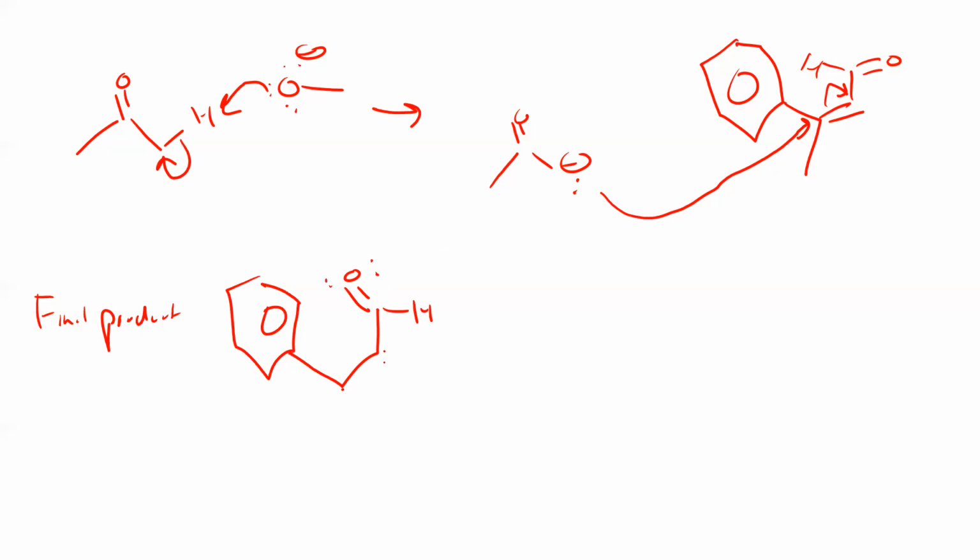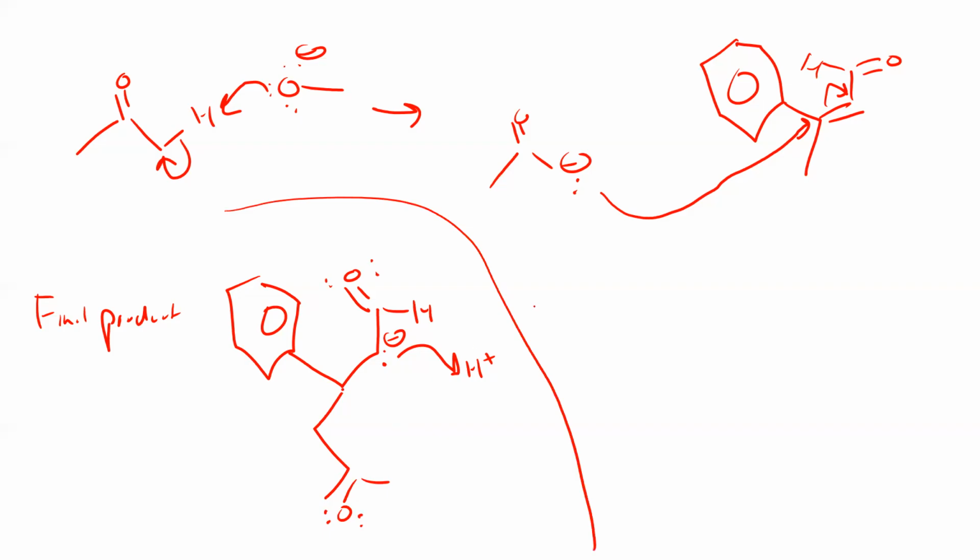The aldehyde, we have these electrons here. That'll be protonated. That's it. So once that's protonated, you could draw the final product. I think they show the final product, so that's it. So that's the Michael conjugate addition reaction.